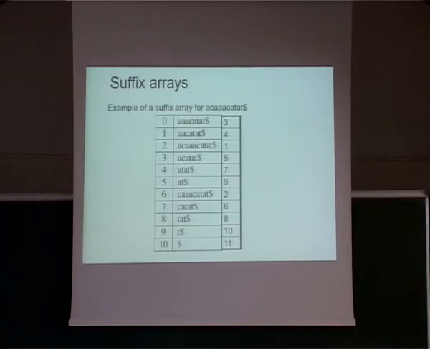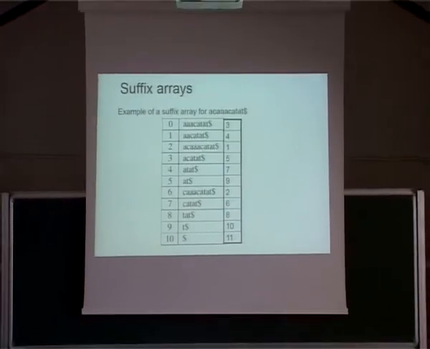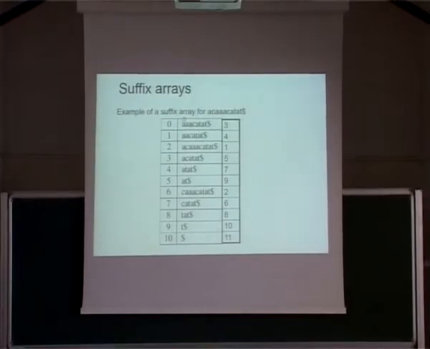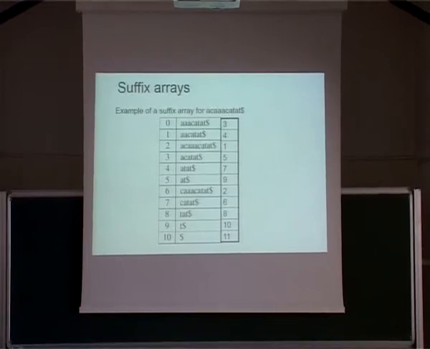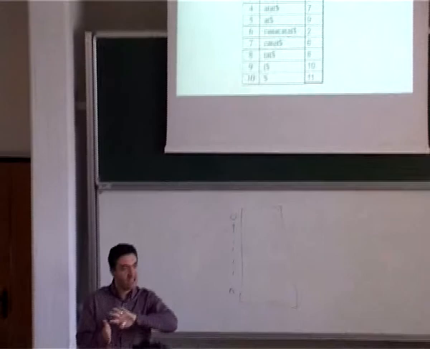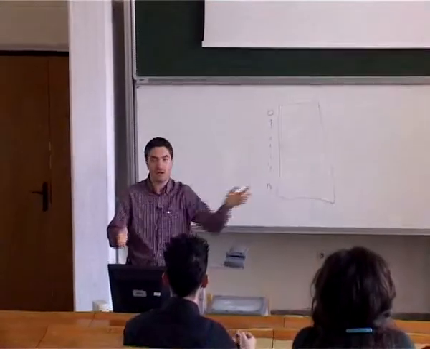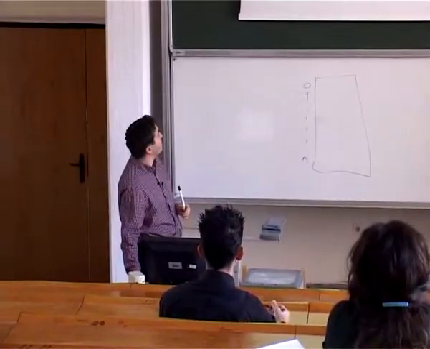I can make sure this is true because I sorted them. Here this 5th suffix starts with an A, and I'm looking for suffixes that start with a C. So I just throw out the first part of the array. I don't need to search here. I reduce my search by taking half of my dictionary out, and I start conducting my search here.